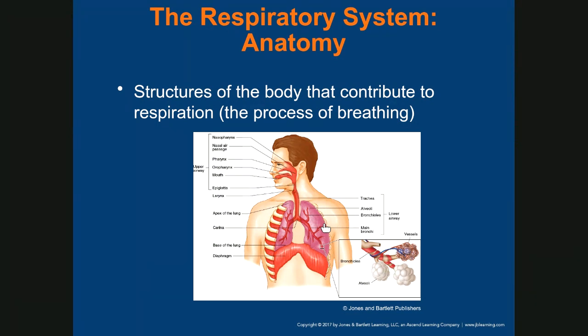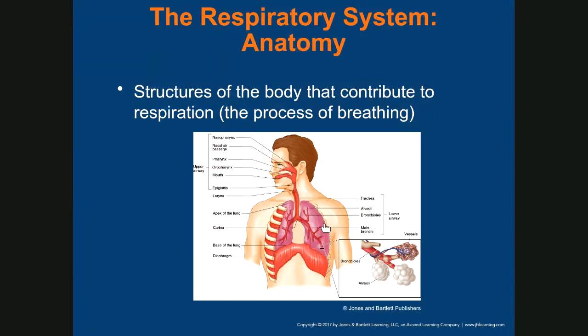Visceral is associated with organ. So the visceral pleura is that portion of the membrane that attaches directly to the lung tissue. The outer portion, which is closer to the cavity, the space, is referred to as the parietal pleura.